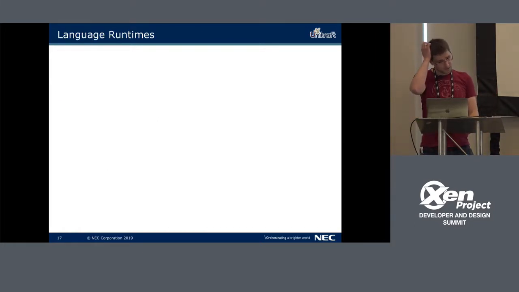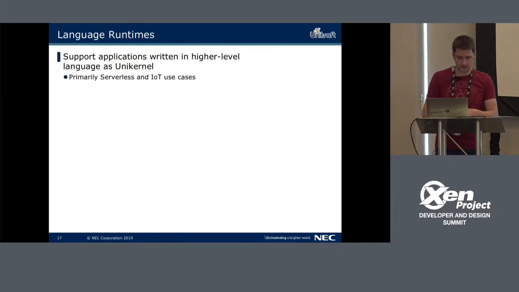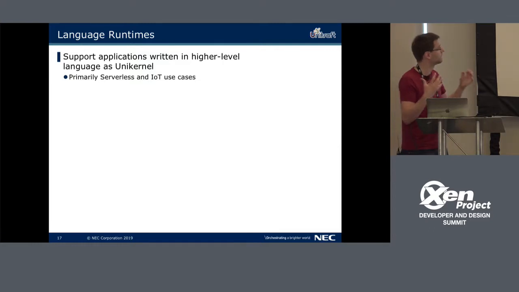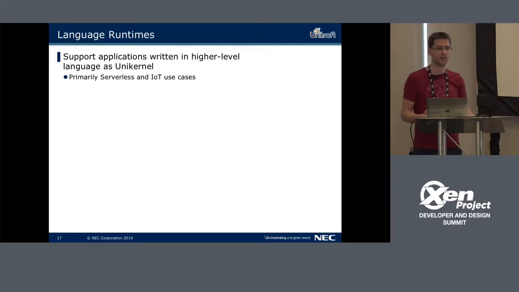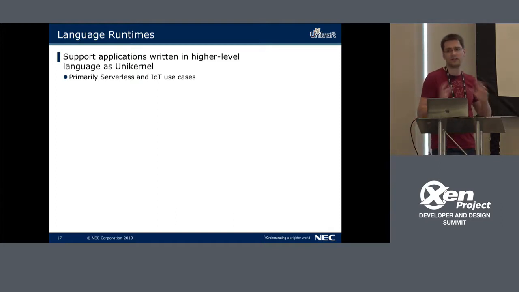Then we're working on quite a lot of language runtimes. We want to support as many higher level languages as possible, especially when we look at serverless use cases or IoT, where you have applications written, let's say, in JavaScript already, and the porting just means having that runtime environment as a unikernel.